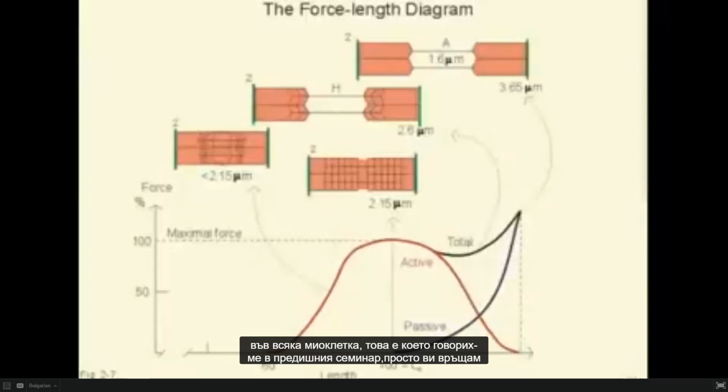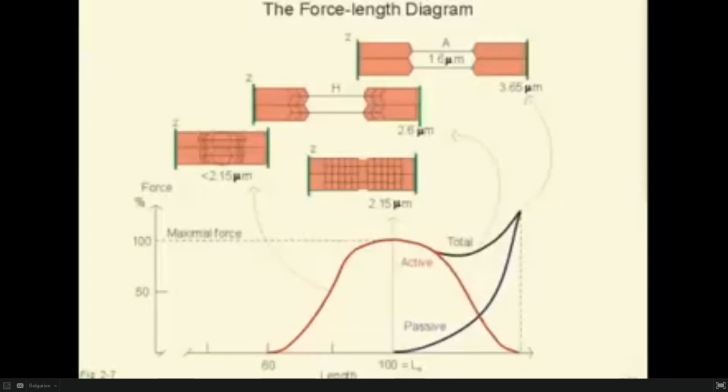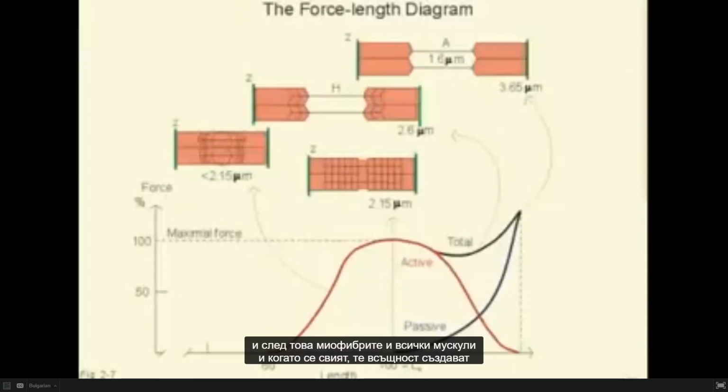I give you the chart of the sarcomere again because I want to tell you that when the actin and myosin slide to each other, they make a contraction inside of the myocells, and then the myofiber and all the muscle. And when they contract, they actually generate a pressure inside of the chamber.